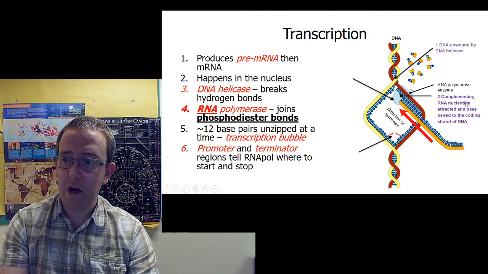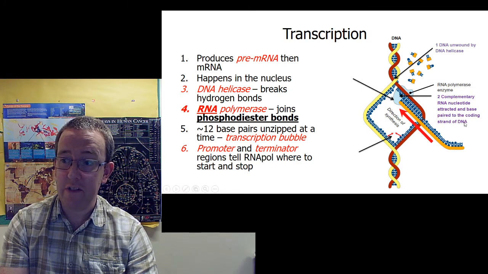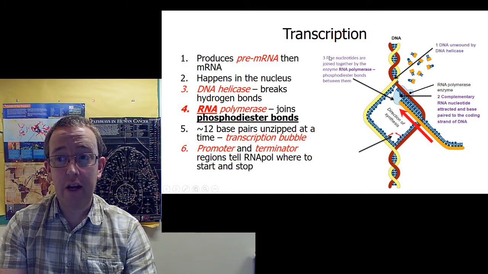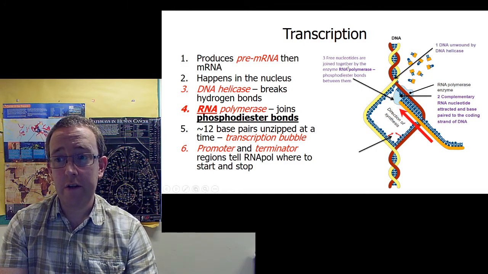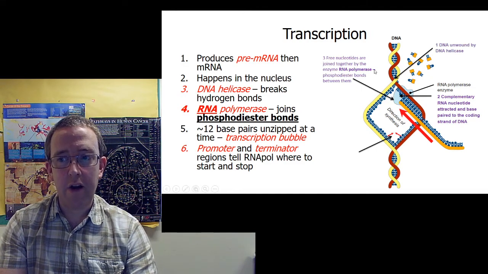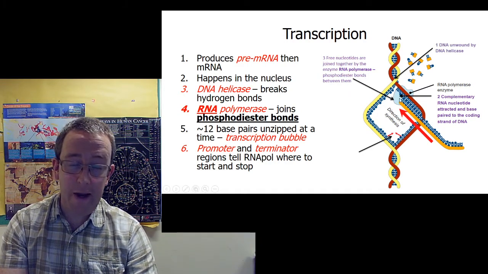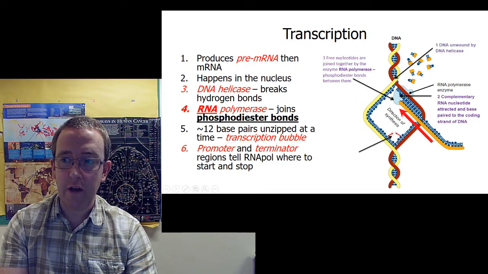So complementary RNA nucleotides are attracted and base paired to the coding strand of the DNA, and then RNA polymerase comes along and joins them all up. Okay, number 3, look there we've got, so our 3 nucleotides are joined together by the RNA polymerase, phosphodiester bonds form between them. Remember that is the backbone and not to the other strand.